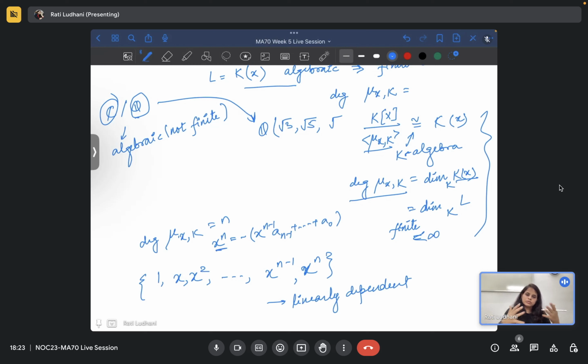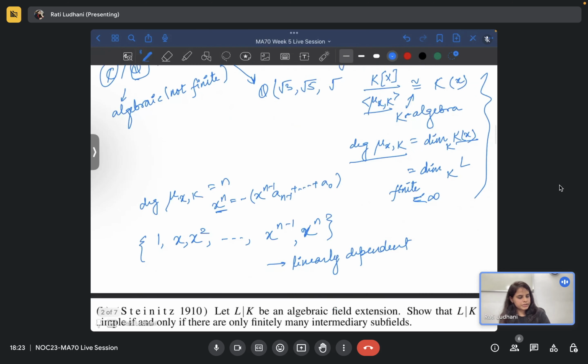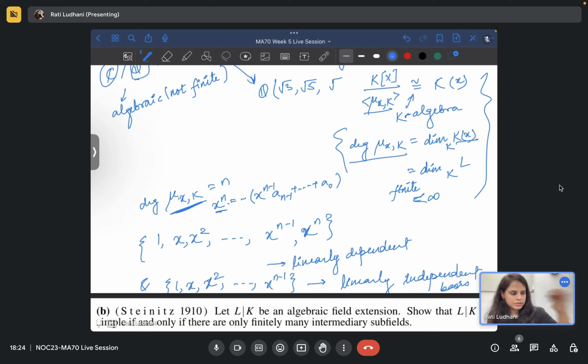So it will stop somewhere, so the degree is finite. That is the other way, if you want to say. So this is linearly dependent, and if I have just taken the minimal polynomial, then we cannot go down in degree, so this will be linearly independent, and this is a basis also. So as a vector space, you have the dimension equal to n, exactly from this. So this is the other explanation.